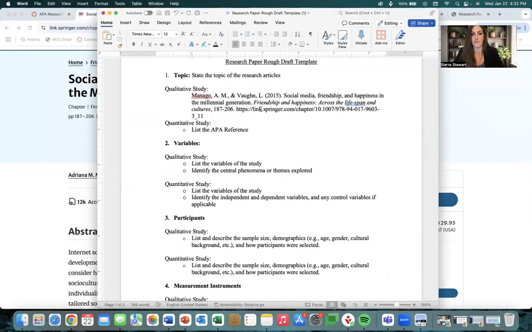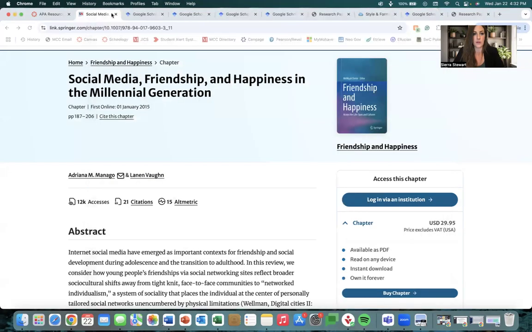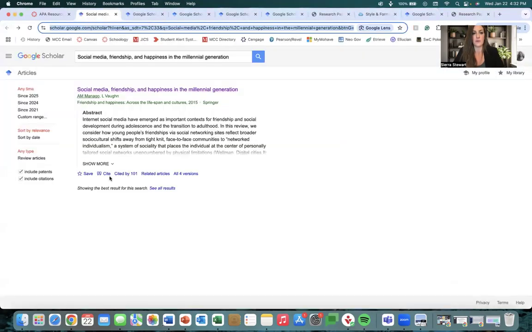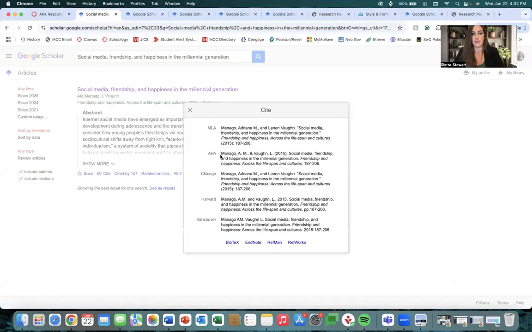We have our APA formatted reference, and we have the hyperlink of where to find this article. Not too bad, right? Pretty simple. So that's how you would use Google Scholar in your favor to basically have everything cited in APA. Remember, find the article, select cite, select APA, go back, get your hyperlink, put it on the very bottom.